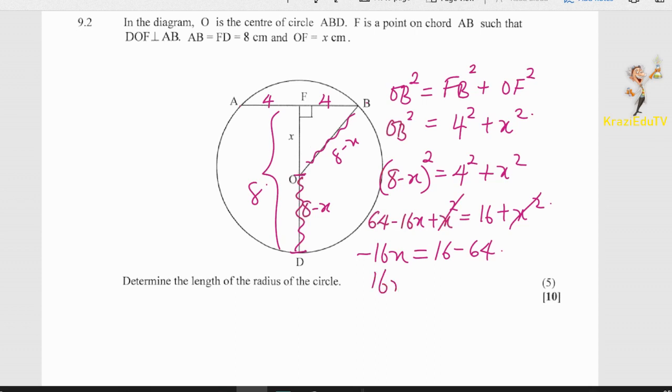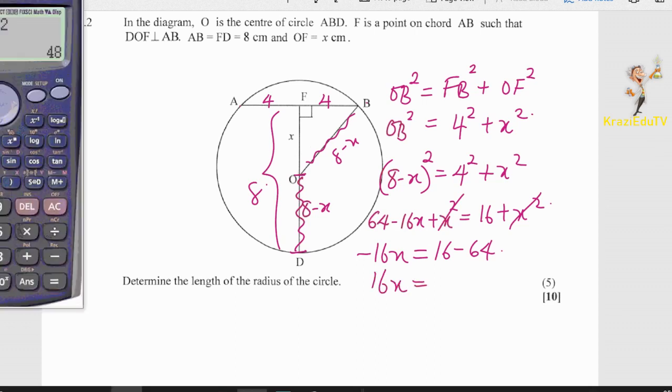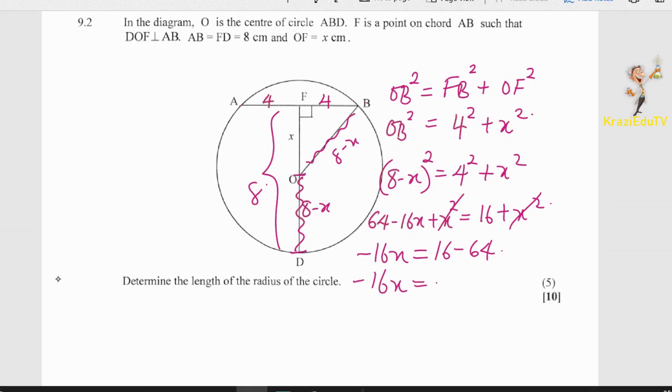So 16x equals, what is 16 minus 64 quickly? 16 minus 64, minus 48, and then we divide by 16. That should give us what? 3. X is 3. Done. Alright, so very simple and straightforward there.